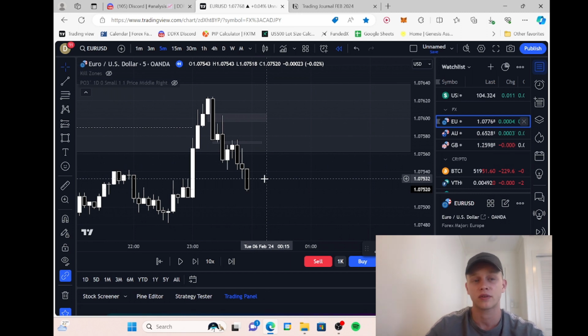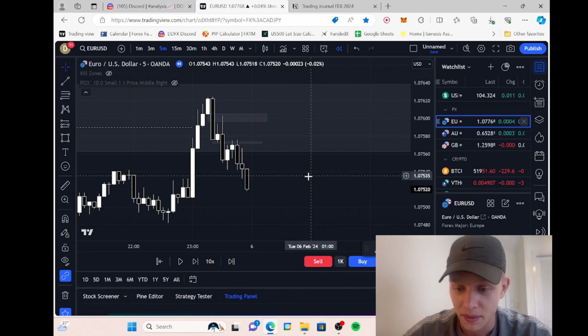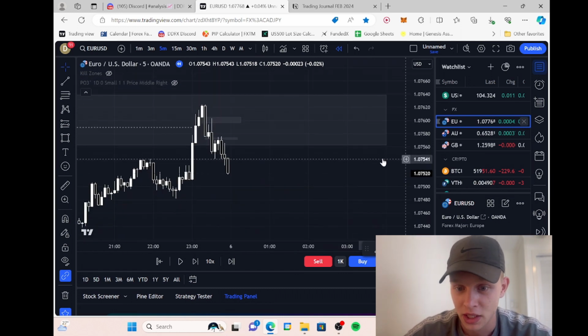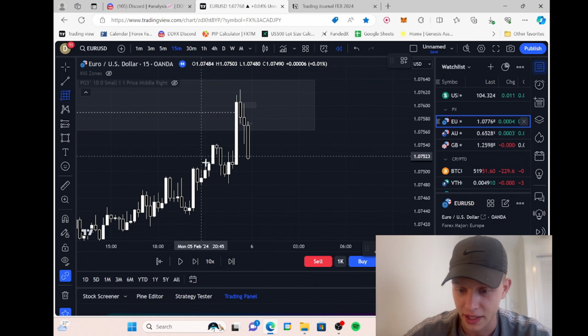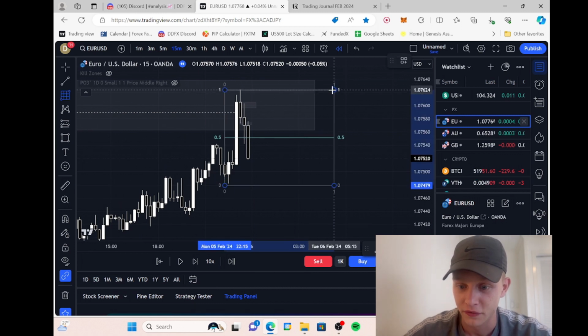We have the higher time frame liquidity being swept out. We are tapped into a higher time frame PD array. Now it's just a matter of where the liquidity is and what's being respected on the lower time frames to then find my entry. So looking here, my thought process coming into this would be, all right, we have this line here and we have this 50% line.